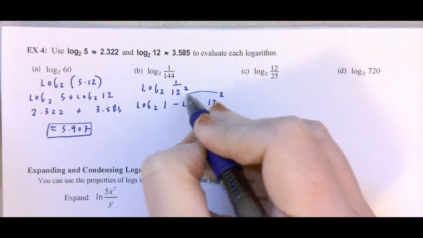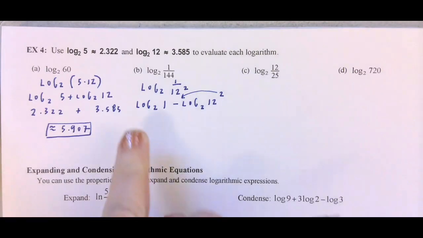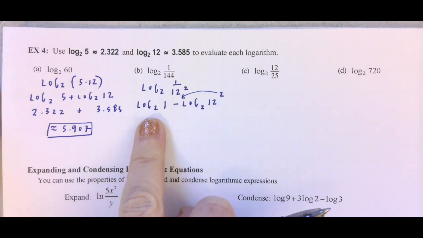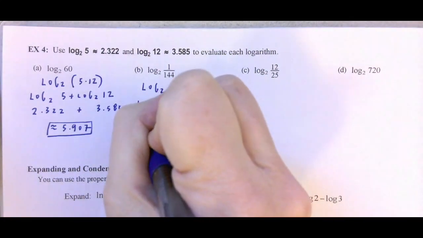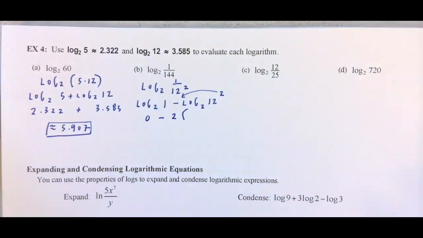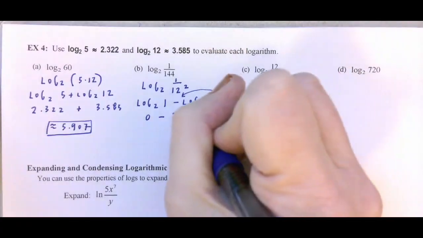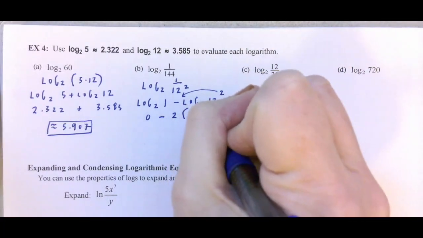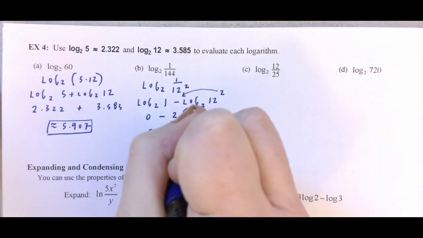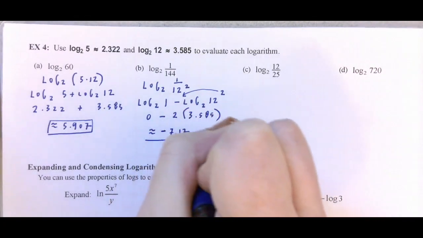And I could pull that exponent of 2 out in front, right? This is the power property. Log base 2 of 1 right here, well, 2 to the 0 power gets us back to 1, so this is really 0, minus 2 times, right? It's going to be 2 times log base 2 of 12, which I know is 3.585. So I'm going to end up with about negative 7.17.